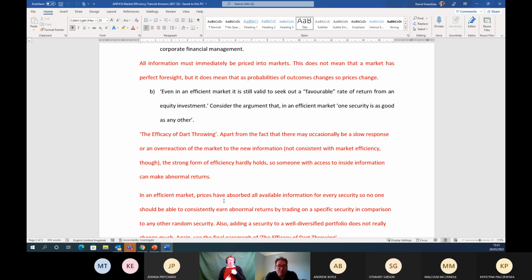We know very little about horse racing, so we just pick one that has a good name, or we put a pin in the paper, or we just pluck a name out. Okay, it's exactly the same idea. And that argument in terms of markets is the idea that one share or one security is as good as any other. So the return on investment you get with a share in AstraZeneca would be the same as the return on investment you get on a share in Diageo.